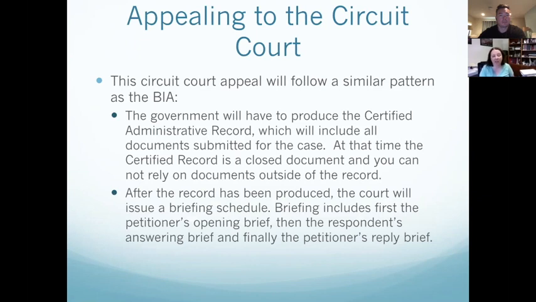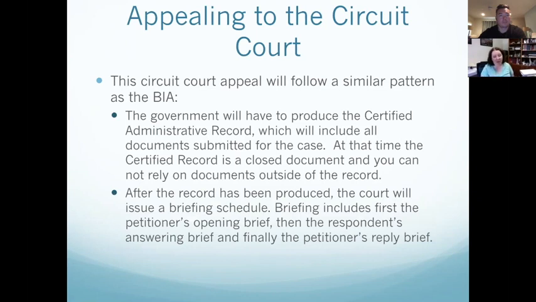Their deportation is automatically stayed while their BIA case is pending and the immigration court case is pending, but once the BIA dismisses the appeal, it's not automatic. So you do need to file a stay of removal with the Ninth Circuit Court of Appeals. And luckily, the Ninth Circuit gives you a temporary stay as soon as you file that stay of removal. So you can rest easy that your client's not going to be deported until the stay of removal is adjudicated.